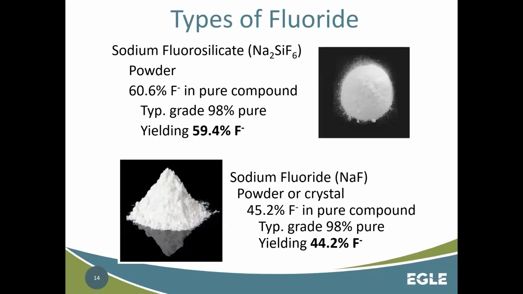So these are both powdered forms, and when they're delivered, they're about 98% pure. The sodium fluorosilicate yields about 59.4% fluorine ion. Sodium fluoride yields about 44.2% fluorine ion.